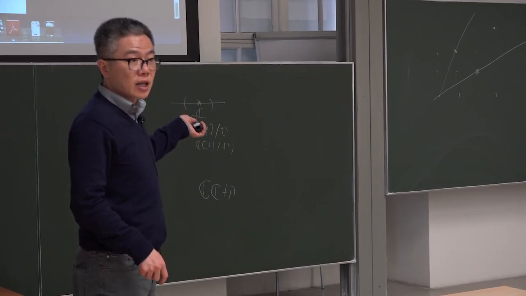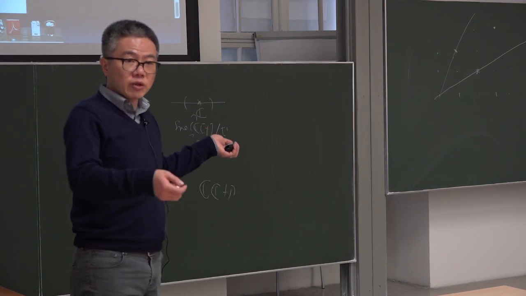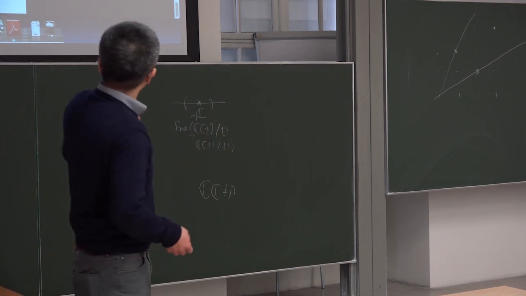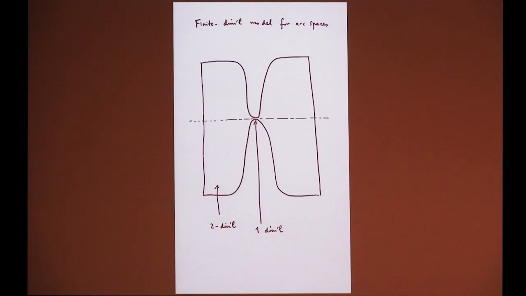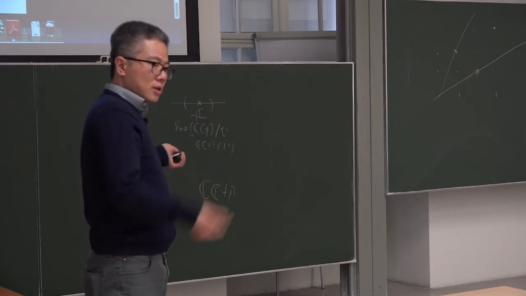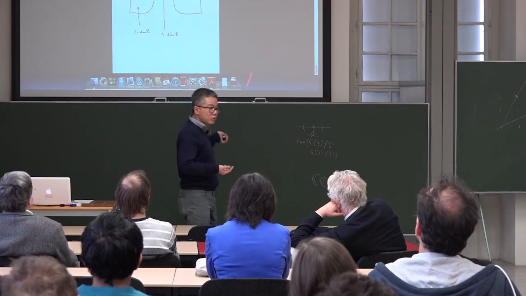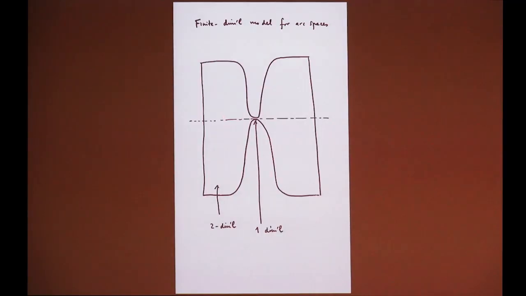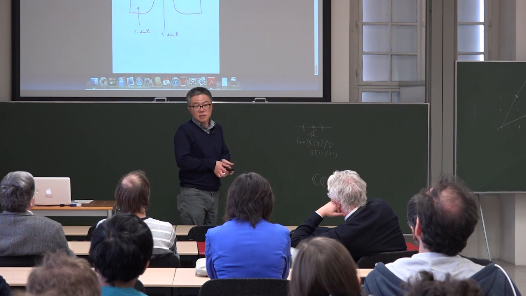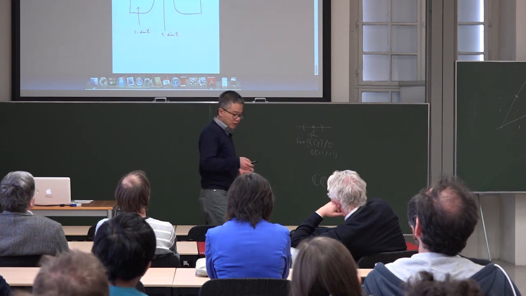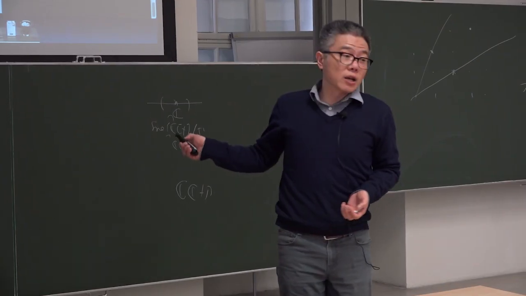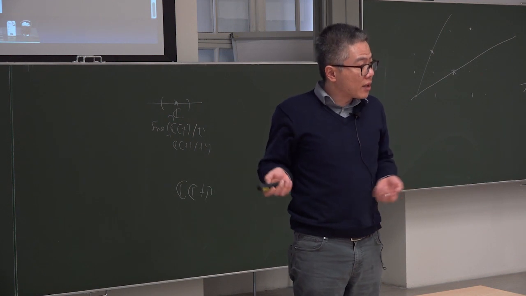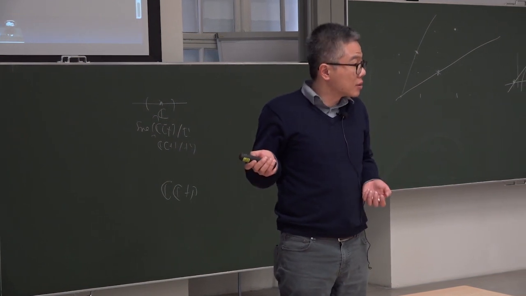It is not of finite type: infinitely many variables, infinitely many equations. You just start with a line, you blow up the zero point, you remove something, and you blow up again, and the projective limit of those blow-ups gives you this funny gadget. As far as I believe, this is the best way to reduce arc space to this kind of gadget. It's a finite dimensional scheme, but not of finite type.